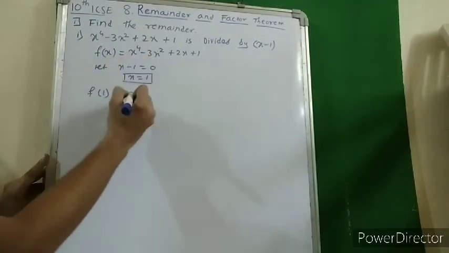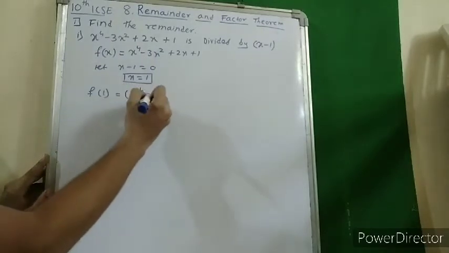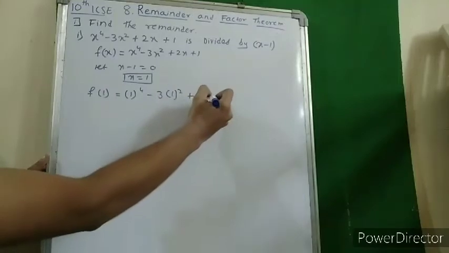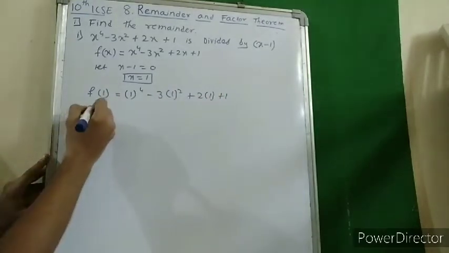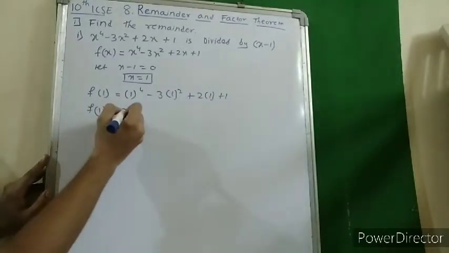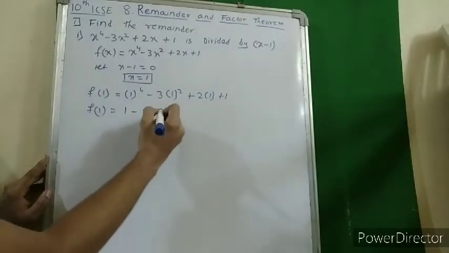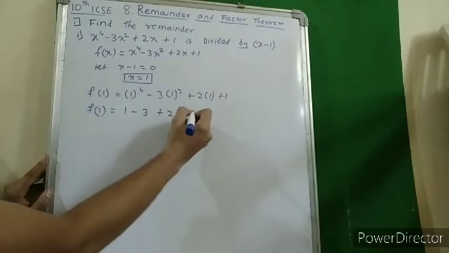We will have 1 raised to 4 minus 3 into 1 raised to 2 plus 2 into 1 plus 1. So function of 1 is equal to 1 raised to 4 is 1, 1 raised to 2 is 1, so 3 ones are 3, plus 2 ones are 2, plus 1.